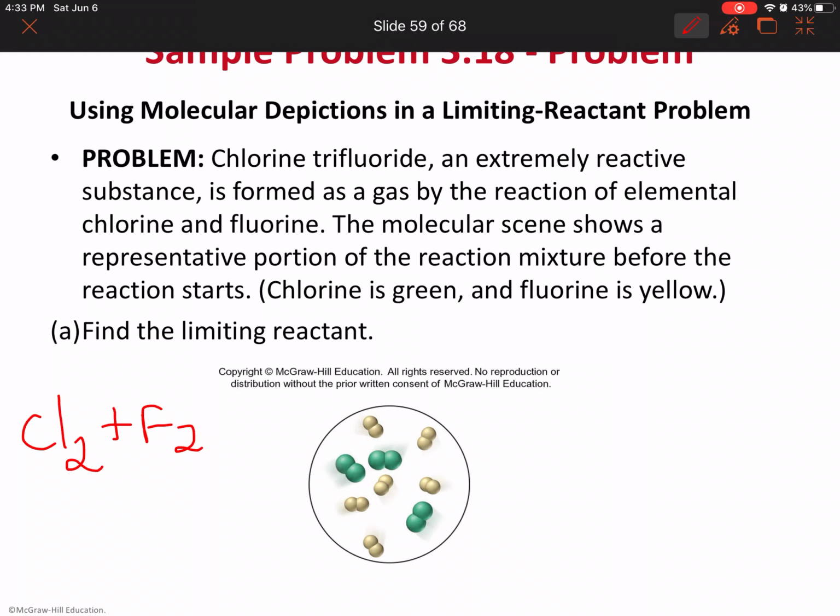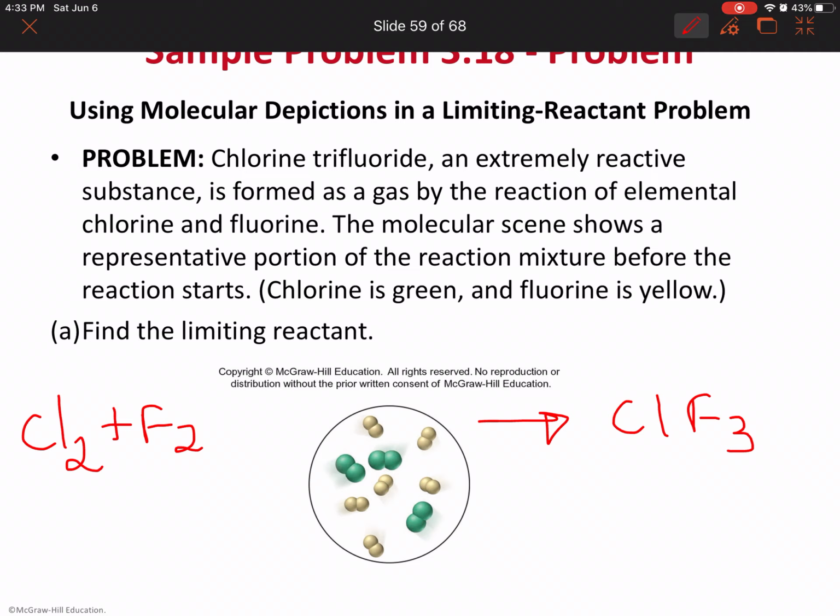The molecular scene shows a representative portion of the reaction mixture before the reaction starts. Chlorine is green, fluorine is yellow. Find the limiting reactant. Chlorine and fluorine together are going to give us chlorine trifluoride, ClF3, a covalent compound, so we use the prefixes. And this is the reaction.